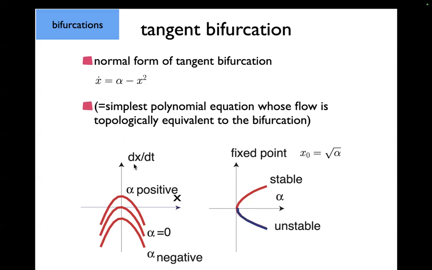If you figure this out, I'll give you an exercise exactly around that. You can figure that out. Then it turns out it's the square root of alpha. That's why I plot these functions. You see the square root makes it so that these two meet here with infinite slope. They hit each other here and then disappear. That's the tangent bifurcation. And the slope becomes zero. See, the slope is negative, and then the slope really goes all the way to zero. That's how you see that stability is lost.